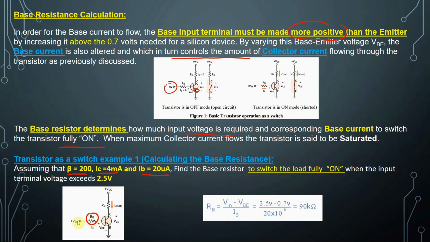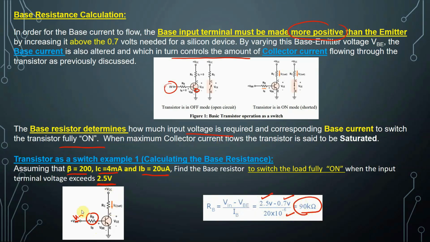RB will be equal to VIN, this is VIN here, minus VBE, over IB. Let's say here the input voltage is 2.5 in this example. So 2.5 minus 0.7 over 20 microampere will give me a 90 kilo ohm resistor.